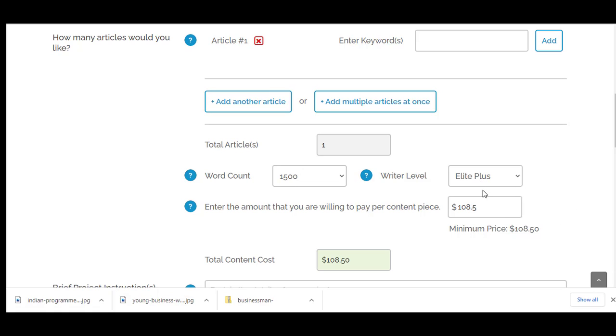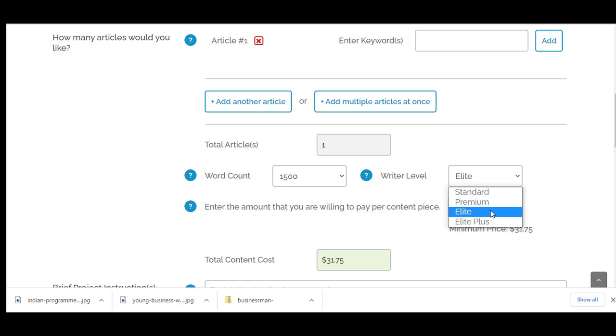$108.50. So you can see that from the Elite, so Elite Plus $108 to the Elite $31, the difference is huge. It's huge, right? Like I said, I have not picked an Elite Plus yet.